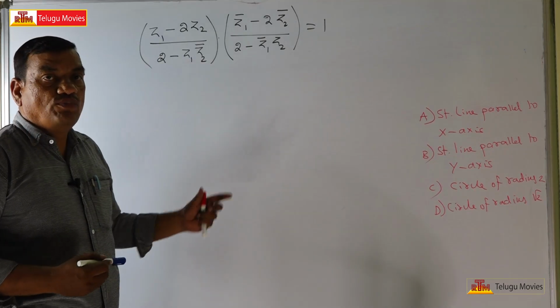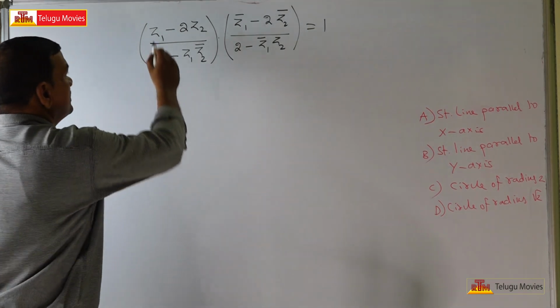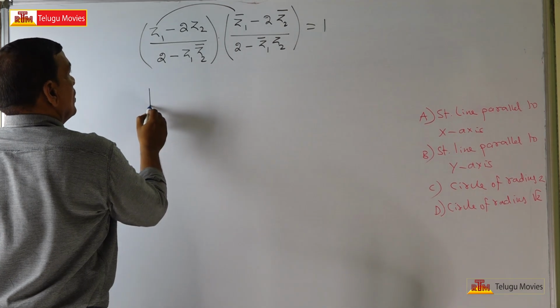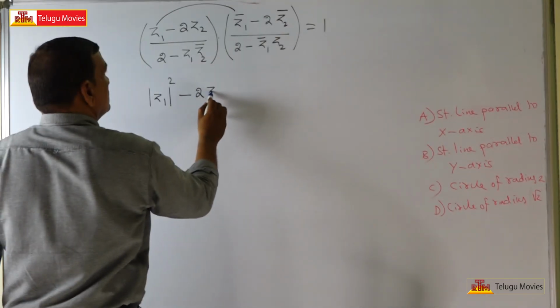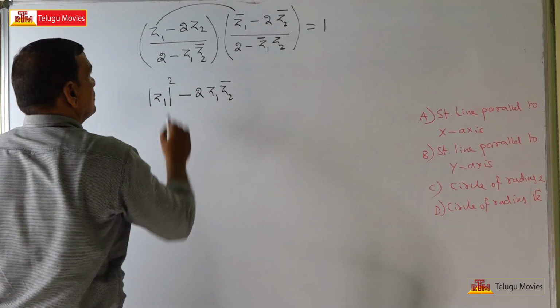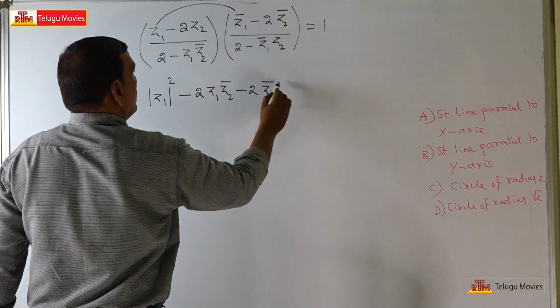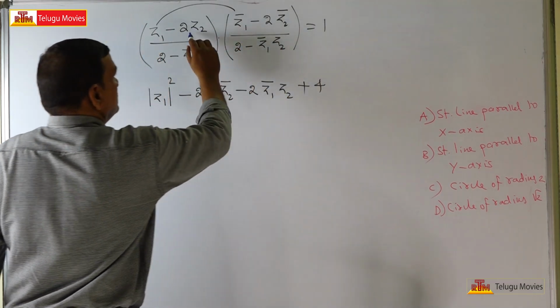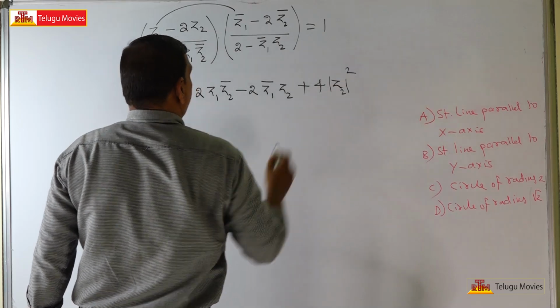Dear students, welcome to the solution of this problem. So you first multiply: z1 times z1 bar is equal to modulus of z1 whole square, minus 2 times z1 into z2 bar, minus 2 times z1 bar z2, plus 4 times z2 into z2 bar, which is modulus of z2 whole square.